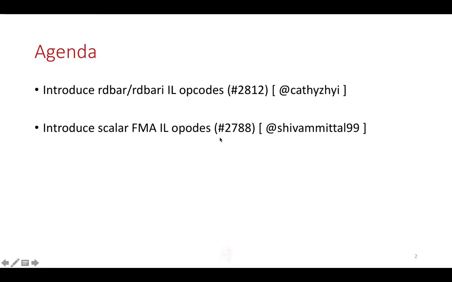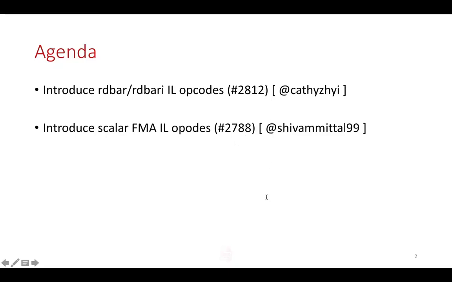I'm just looking quickly at the pull request that was open for these. In the properties table for these opcodes, it says that the opcodes have 3 children of unspecified type. Is this correct, or for the scalar ones, should they be float or double? All right, so that will be something to fix.